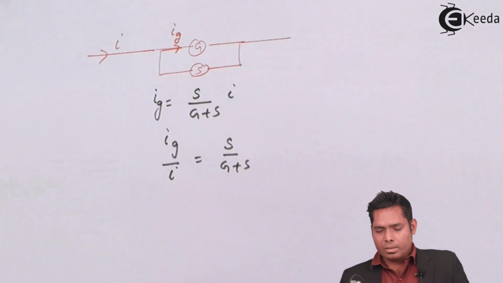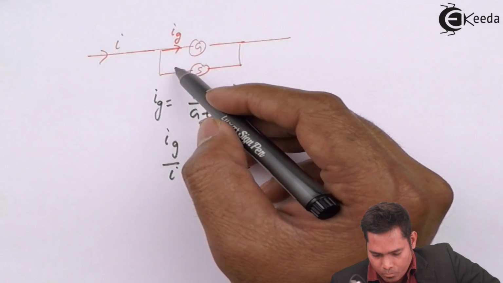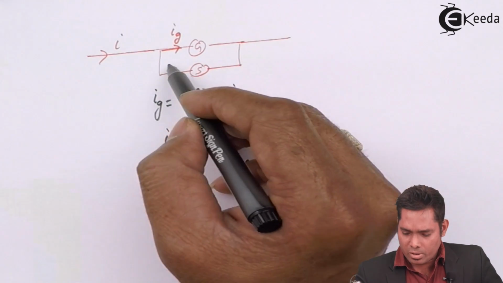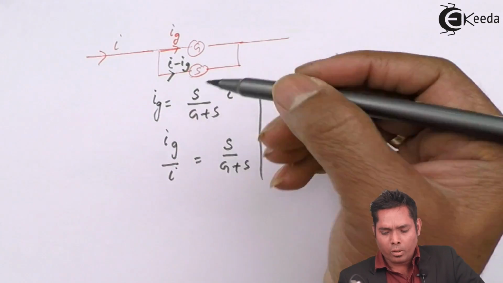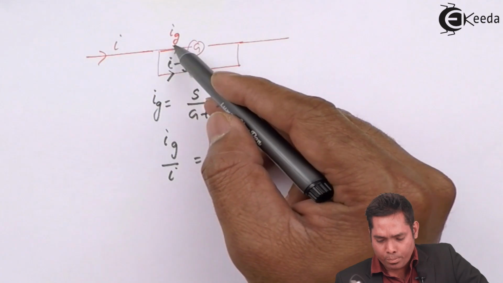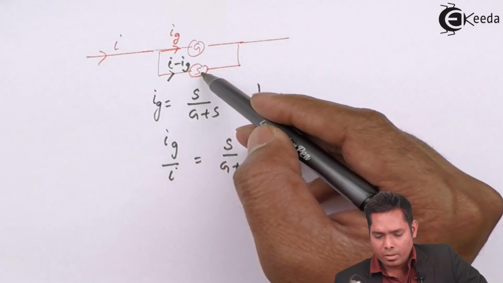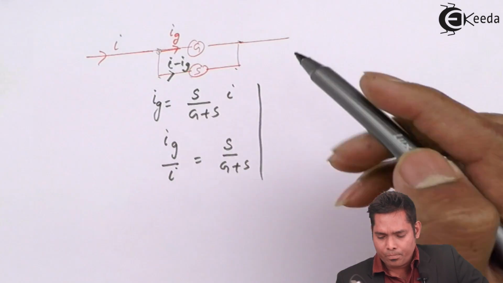Otherwise, you can do one thing: the current flowing through the shunt here is I minus Ig. These two are in parallel connections, so the potential difference remains the same.